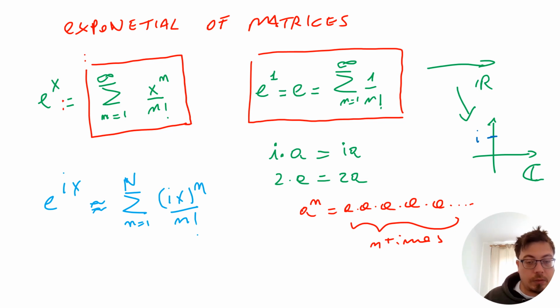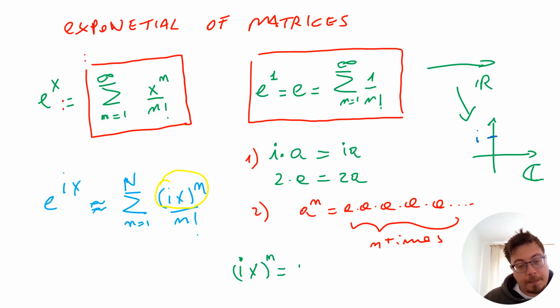With these two points combined, we can make sense of this expression. ix to the n would be ix times ix times ix, and this is n times.